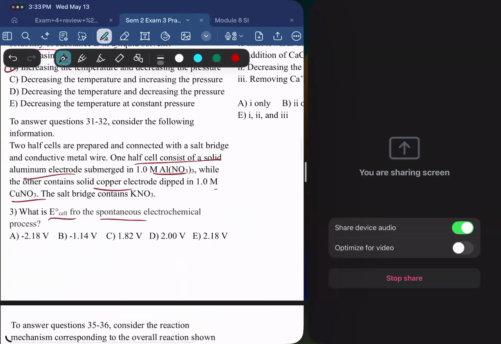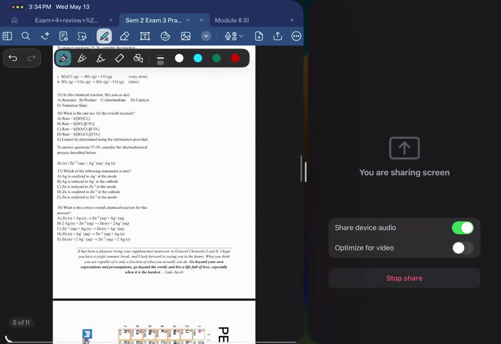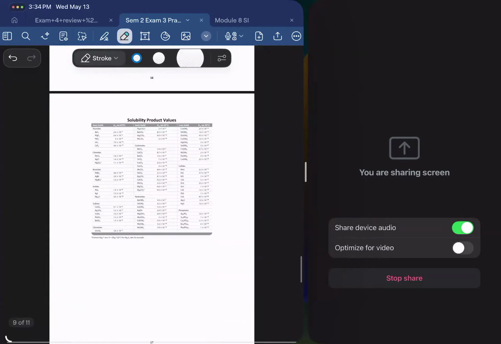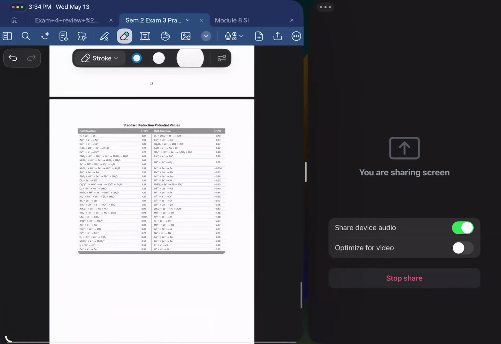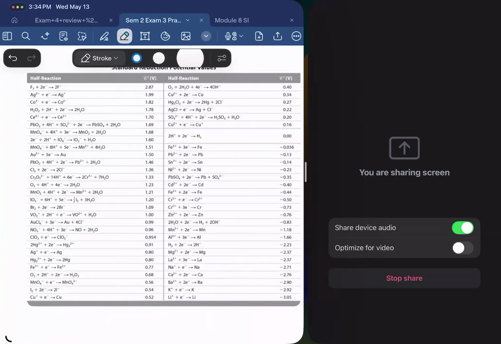So we have copper, Cu to Cu plus, right? And in order to find reduction potentials, it's going to be Cu plus to Cu and Al 3 plus to Al. They don't expect you to memorize these values, but you should be able to go to a table and figure this out. So aluminum would be right here.